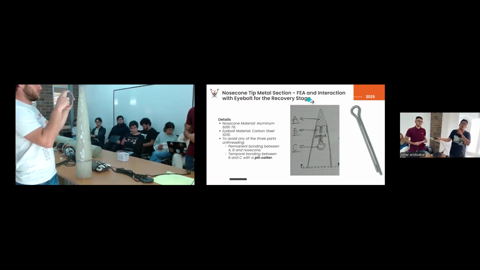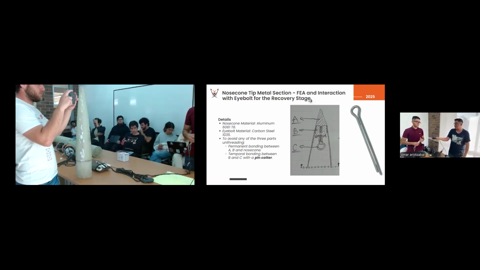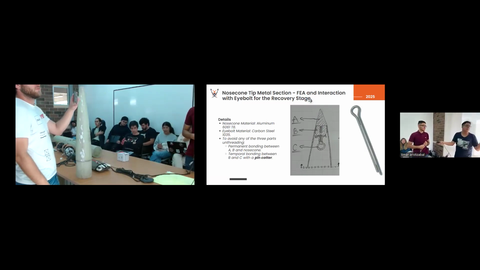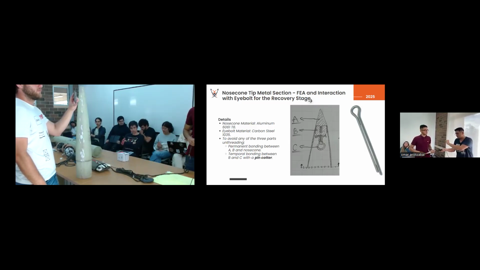As an additional measure, we are going to use a spin cutter, a mechanical blockage between the nose tip section and the eyeball, in order to block the radial movement the eyeball could have.